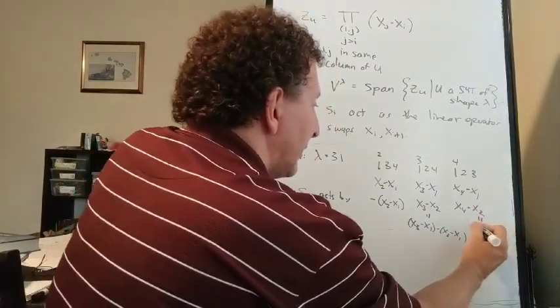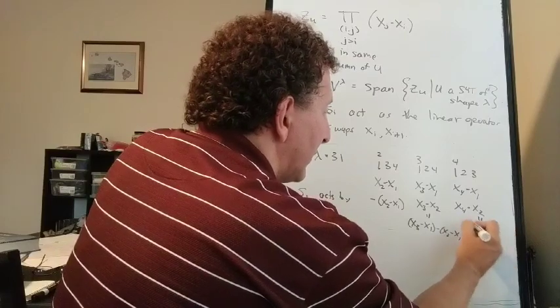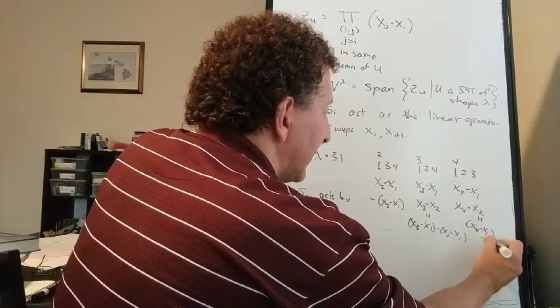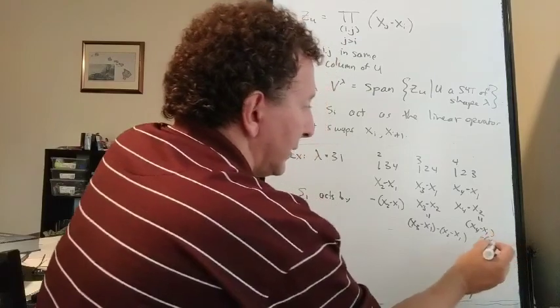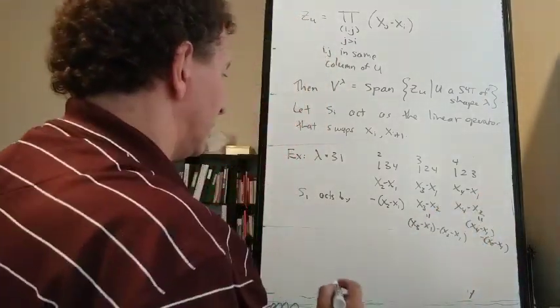Similarly over here, this is x4 minus x1 minus (x2 minus x1). Positive x1, negative x1 cancel, leaving us with x4 minus x2.